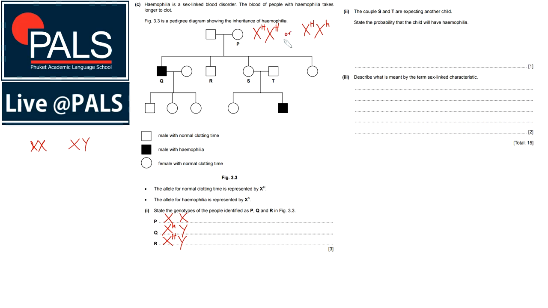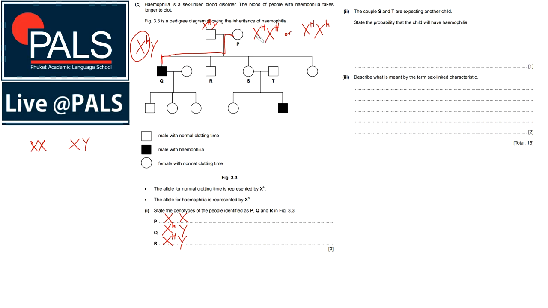Now, to figure out the correct one, we have to look at the next generation. P has a son that has hemophilia. So one more time, the chromosome combination of Q is X small h, Y. Now the father is obviously X with capital H and Y. So the son has a Y chromosome, which means he always gets his Y chromosome from the father, which means he must get the X with the recessive allele from his mother.